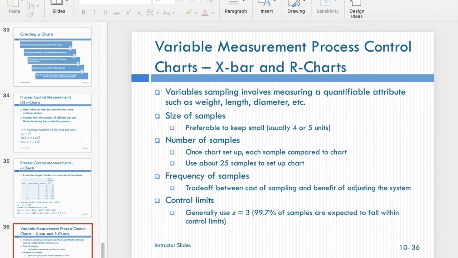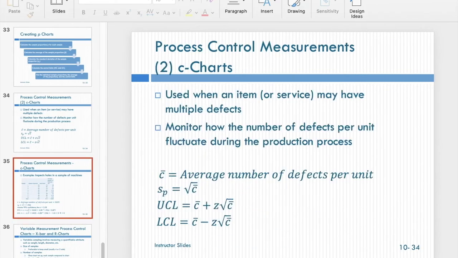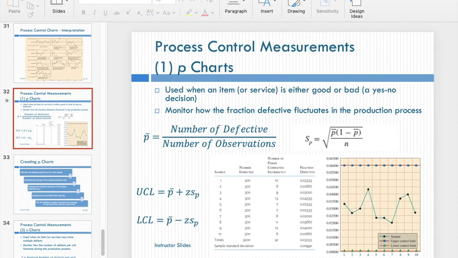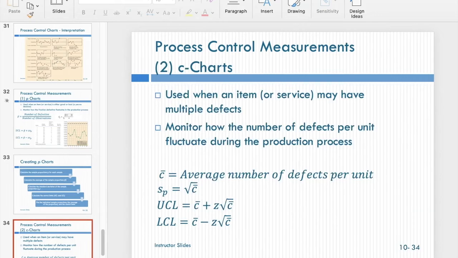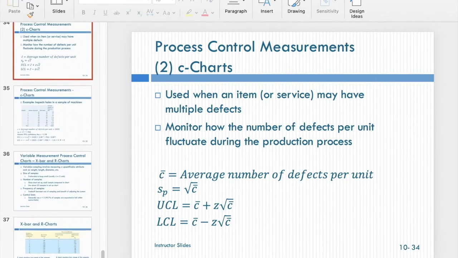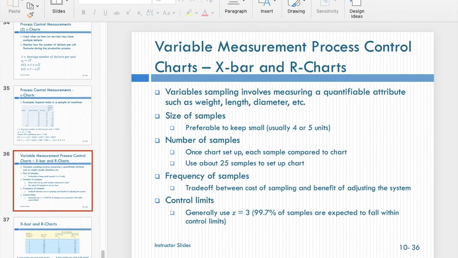Remember, in the first P chart, we monitor how the fraction defective fluctuates. In the C chart, we monitor how the number of defects per unit fluctuates. But when we go to the X bar chart and R chart, we are further measuring the fluctuation of some quantifiable attributes.